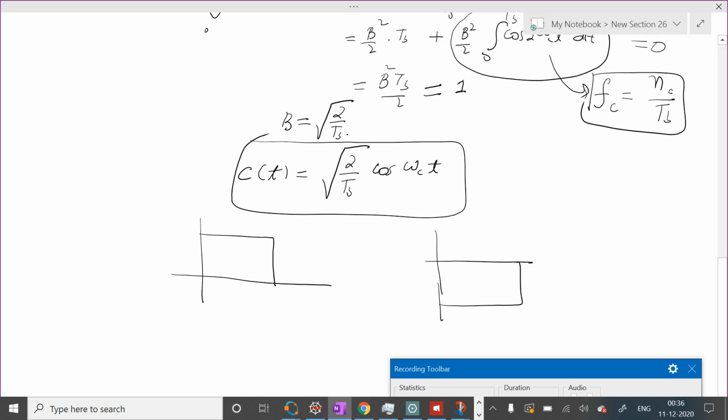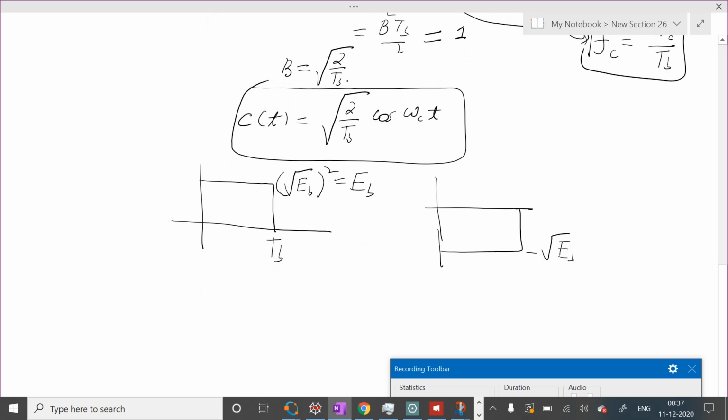Okay, there is another way we can say that. We say that it is root Eb, this amplitude here, and minus root Eb is the amplitude here. The reason for writing it as root Eb and minus root Eb is, if you square it, you get Eb, which is exactly the energy of this bit when you transmit it over the Tb time interval.